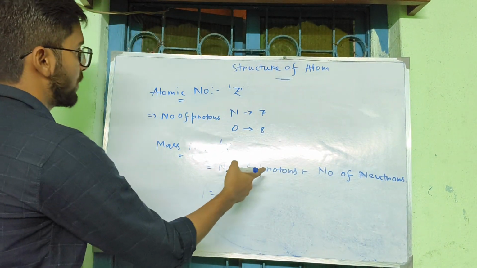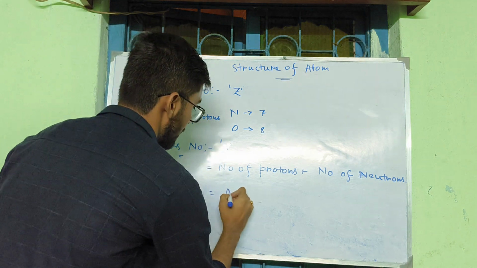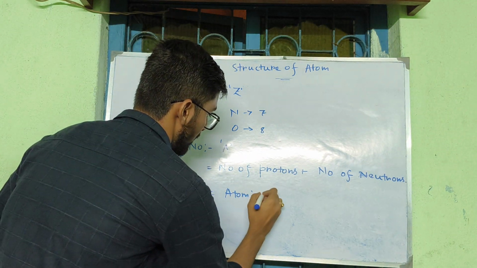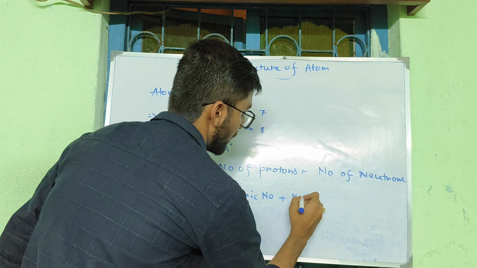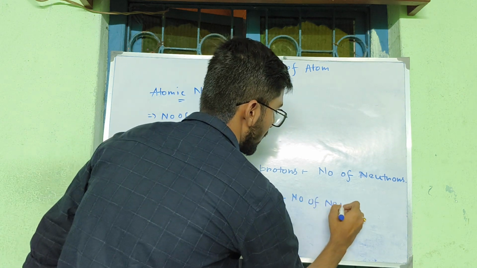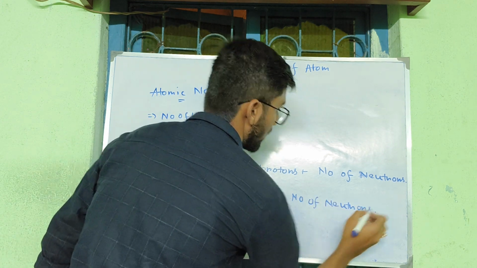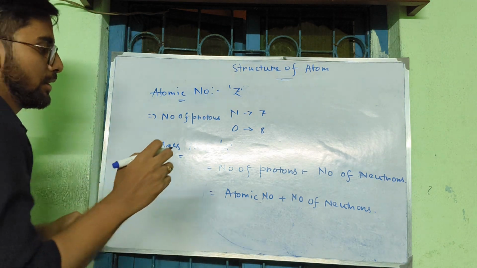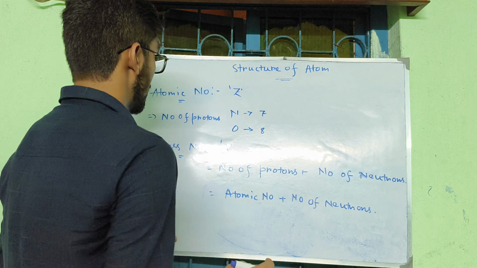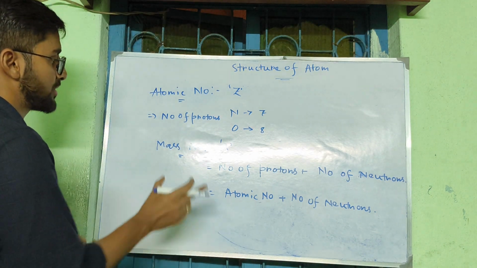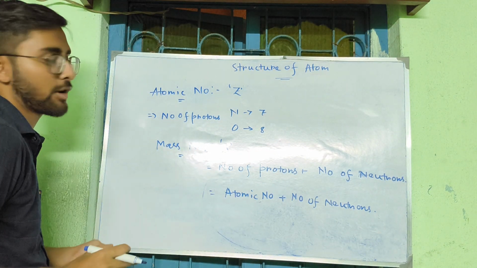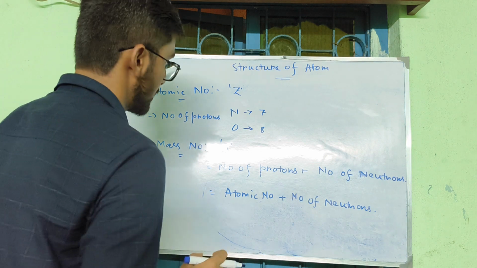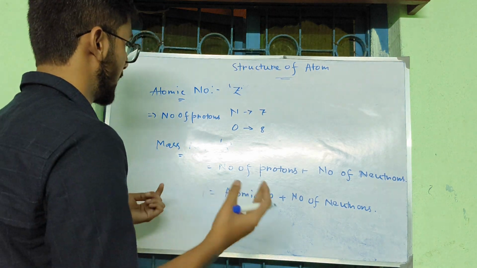And we also know that number of protons is equal to atomic number. So mass number is atomic number plus number of neutrons. So if we have to determine number of neutrons, then we have to subtract atomic number from mass number. That's it.